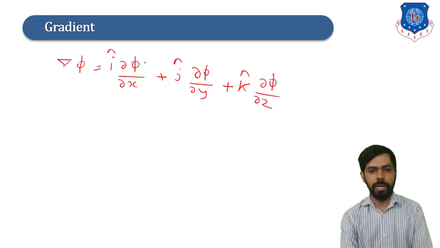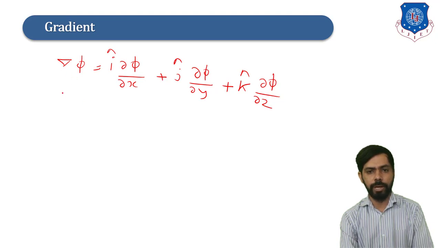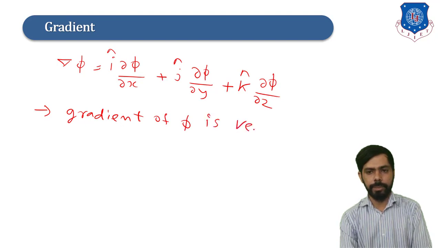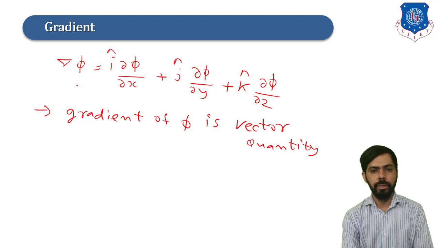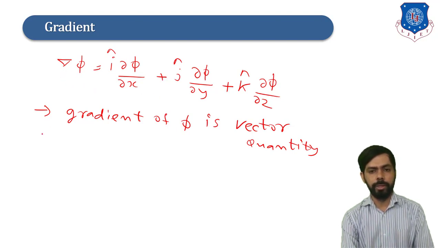Here phi is called scalar point function and this is the symbol of grad phi. So we can say that gradient of phi is a vector quantity. Clear? So we can say that gradient is an operator which converts scalar into vector.